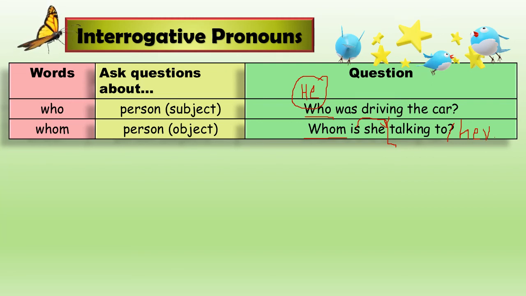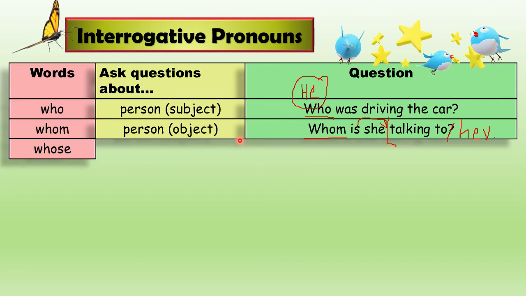Full stop. So children, read this. She is talking to her. She is talking to her means what is her here? Her is the object here. So when we ask a question from whom to know about the person, it gives an answer for the object of the sentence also.